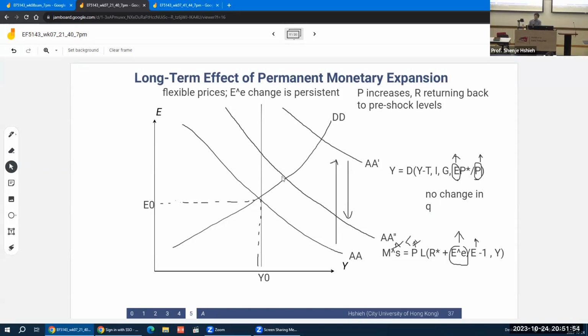So if we were to shift the curve, all else equal, let's not look at the E. Let's look at just change in P. So what happens when you change P? If you change P, all else equal, that's going to make Q lower, and therefore D is also lower.